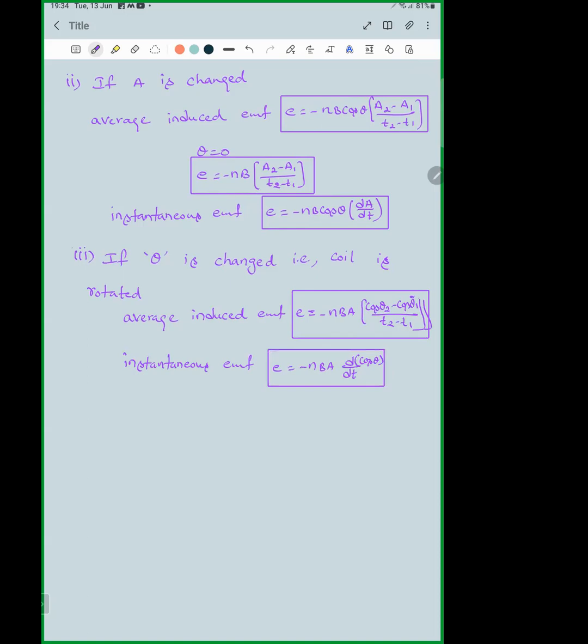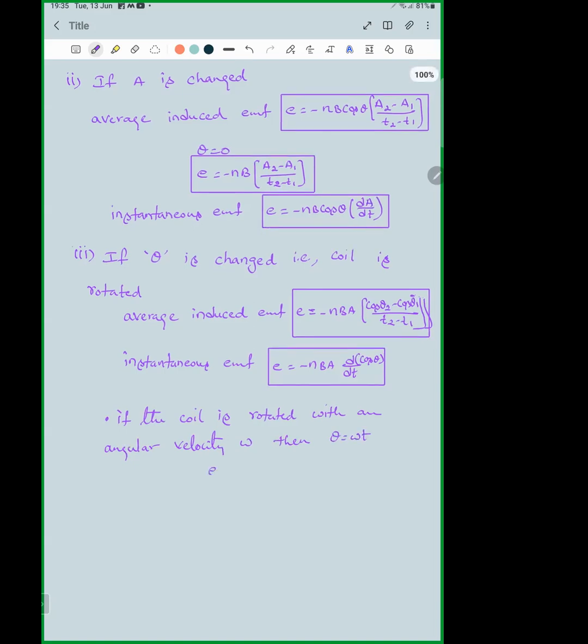Suppose if the coil is rotated with an angular velocity omega, then you can write theta is equal to omega t.